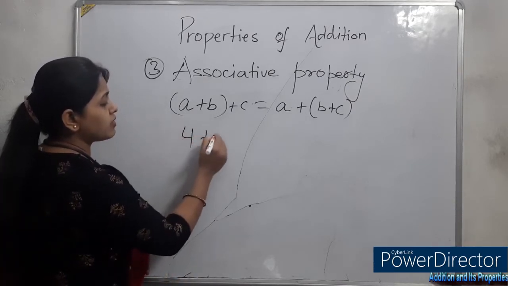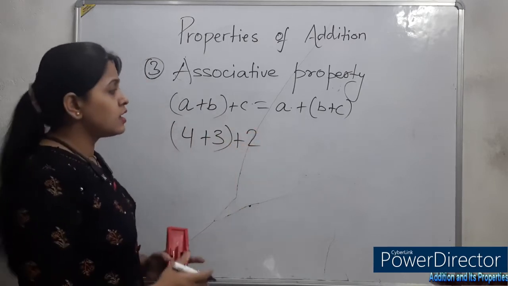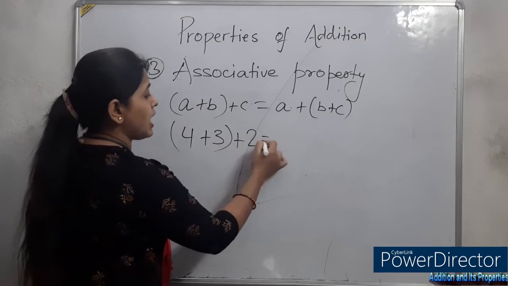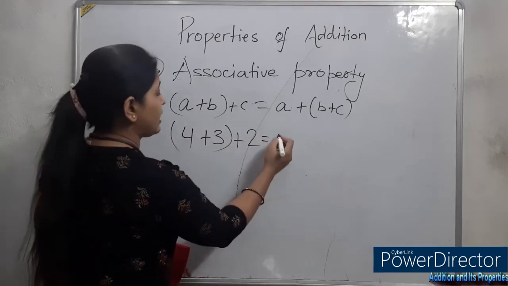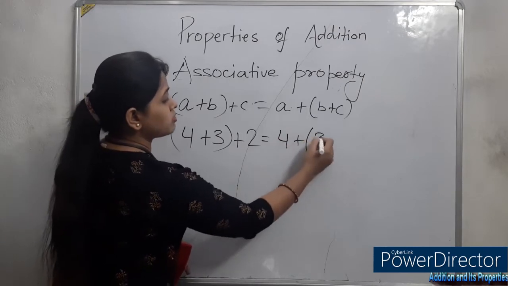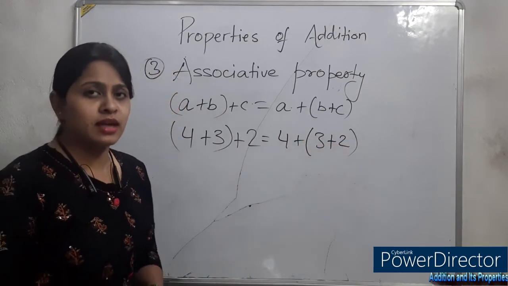Suppose I am adding 4 plus 3 plus 2. So A plus B plus C, and if I give the bracket between A and B, and if I give the bracket between B plus C, again our result will be the same.